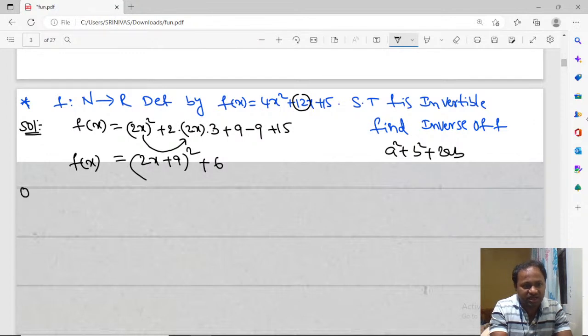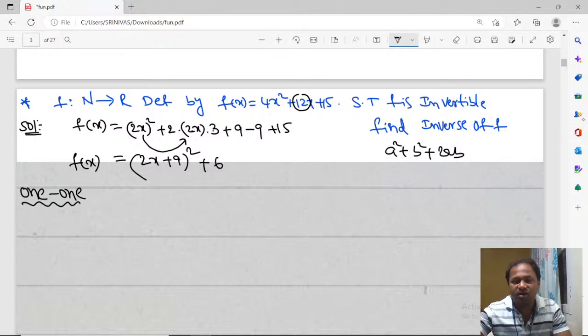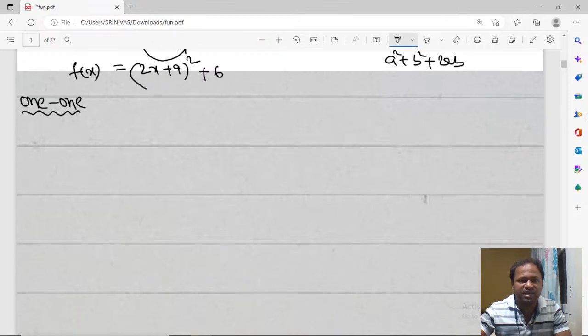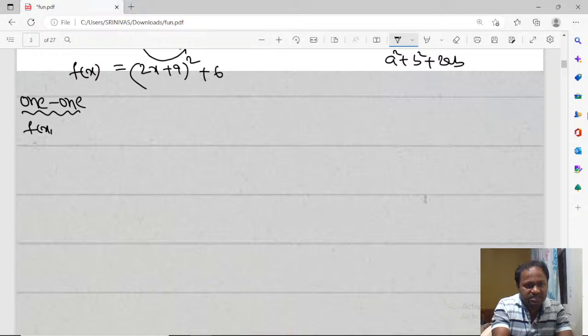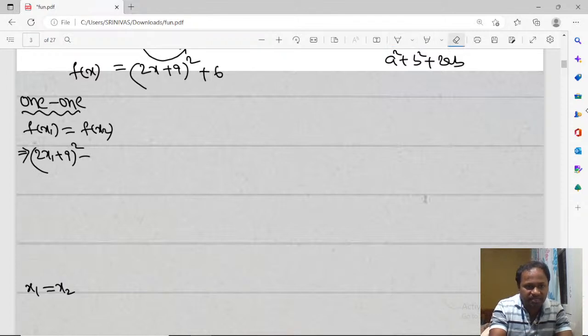First condition, one-one function. Okay, so how to do the one-one function? Same method. So f of x1 is equal to f of x2, I have taken. I have to prove x1 is equal to x2. So f of x1 means 2x1 plus 9 whole square, plus 6 also there, no?